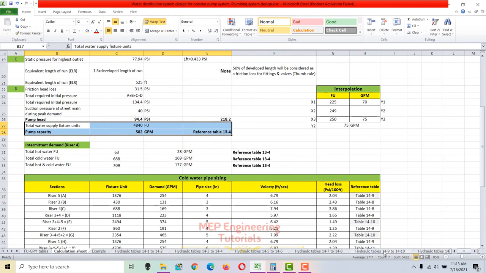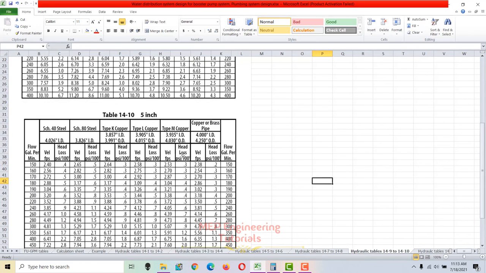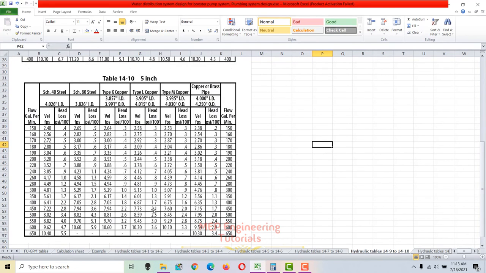So this time I'm going to check the hydraulic table. Over here it's a 5-inch table, and if you check the demand, here is 550 and 600. So 550, we have 550. If we check, the velocity is for copper L tubing.